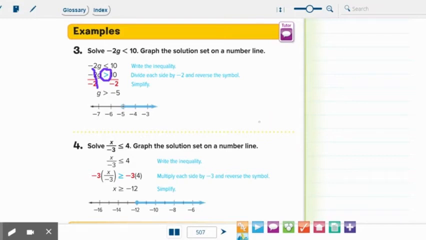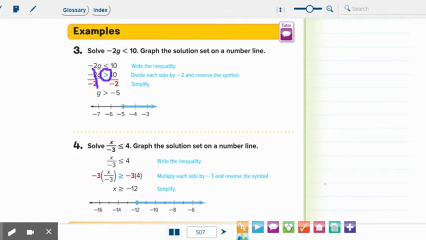To graph this, we are going to put an open circle on -5. It needs to be open because it is greater than. Then we are going to shade all the numbers to the right of -5 because it matches the inequality symbol. If we forgot to flip the symbol, our graph would not match.